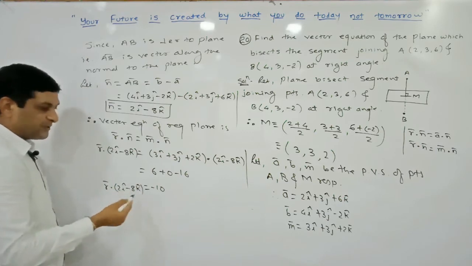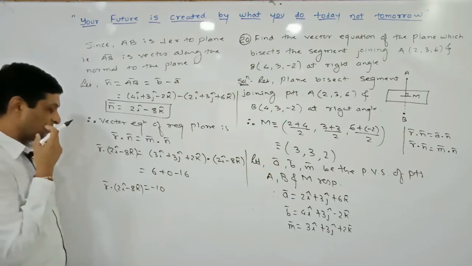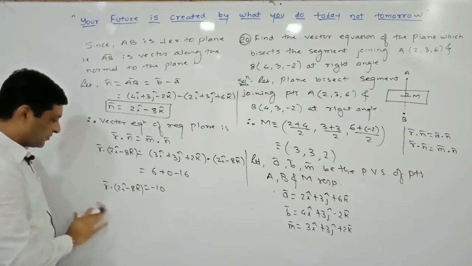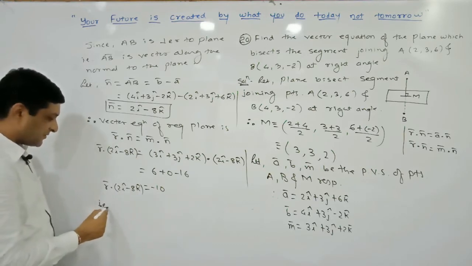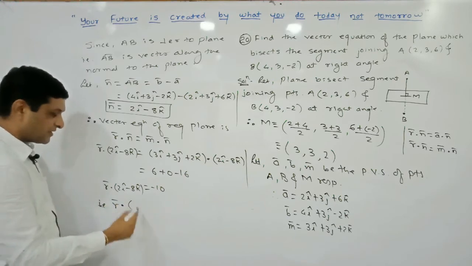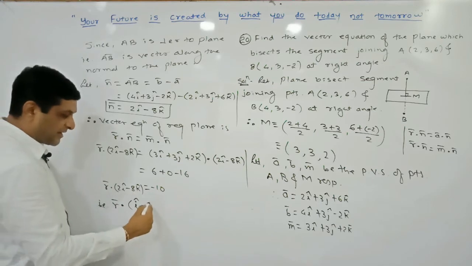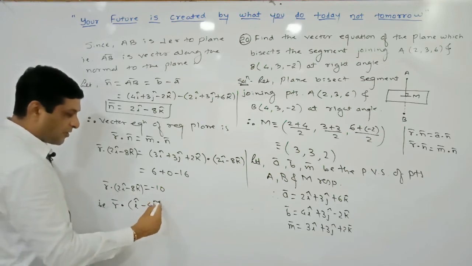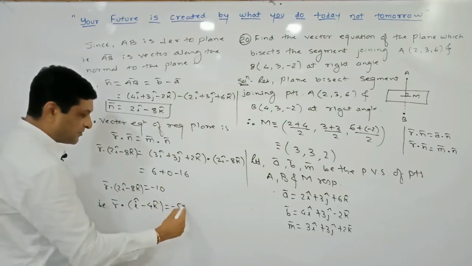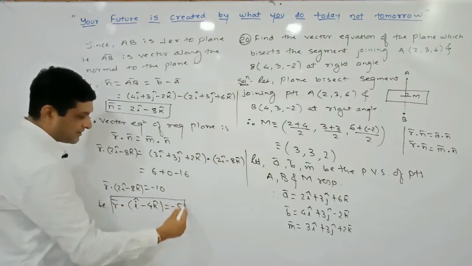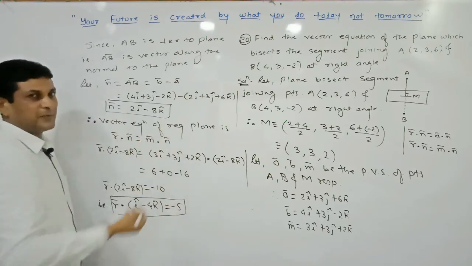Okay, so simply we are dividing both sides by 2. If we are dividing both sides by 2, this equation can be written as r bar dot i cap minus 4k cap equals minus 5, and this is nothing but our required vector equation of plane.